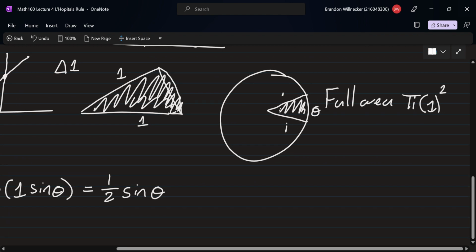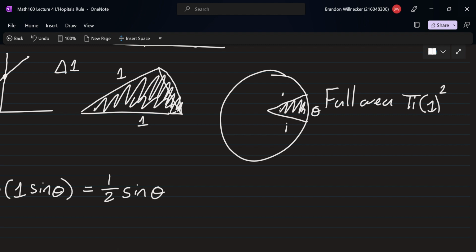So if we're only covering theta out of the whole, then the fractional area that we cover is going to be theta over 2 pi. So part of the angle divided by the full angle gives us the ratio. This is a fraction of the full area, which is pi r squared.